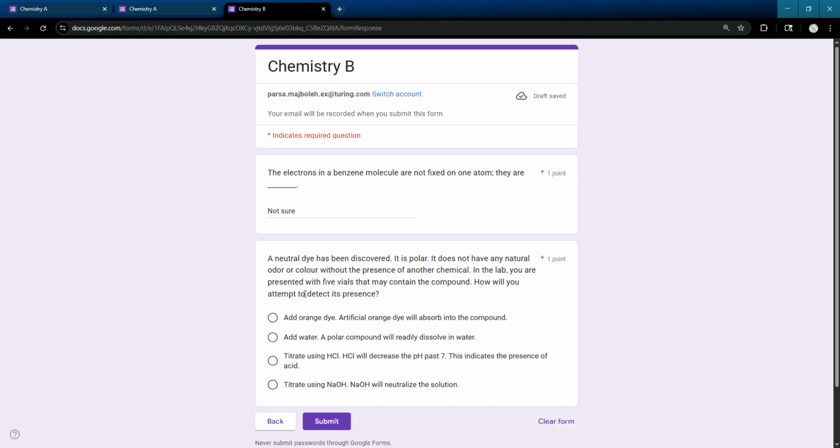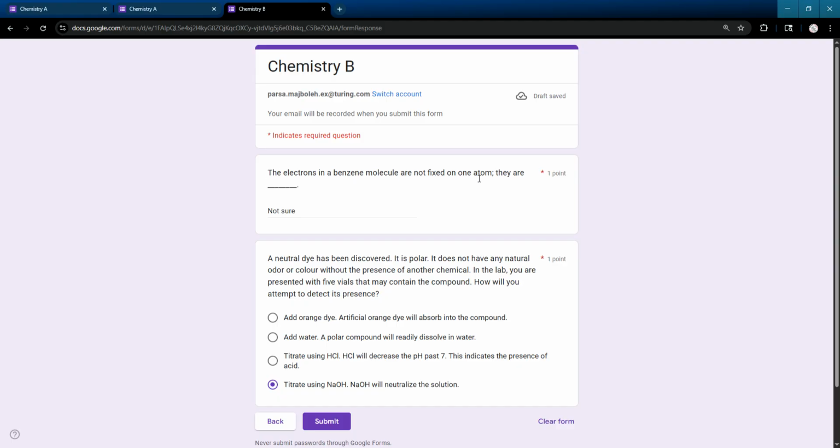In the lab, you are presented with 5 vials that may contain the compound. How will you attempt to detect its presence? The orange dye, water, I remember the NaOH will neutralize the solution. I remember this one from Chemistry A exam.